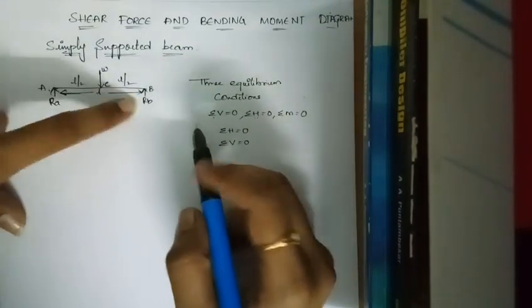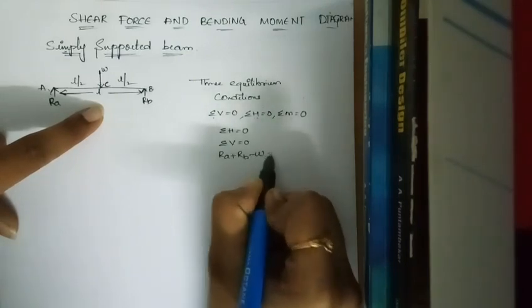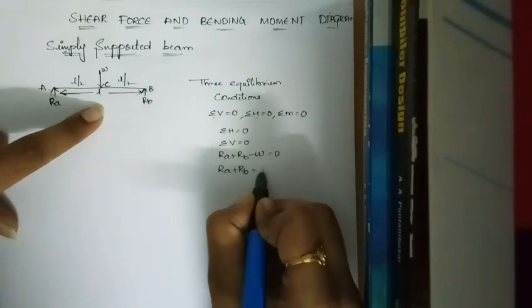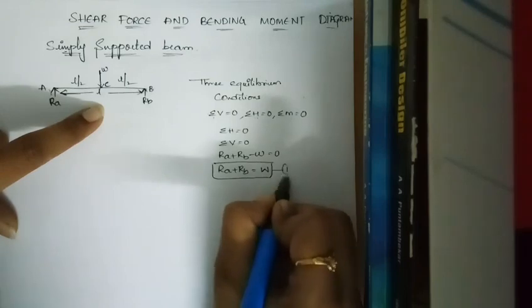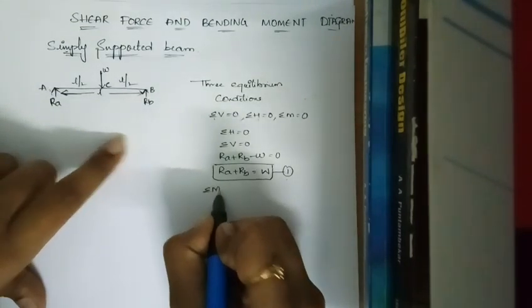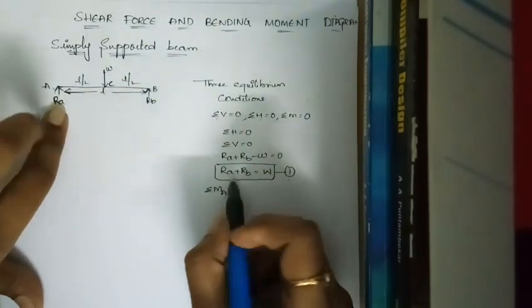Sum of all vertical forces: RA plus RB minus W is equal to 0. RA plus RB is equal to W. Take it as equation number 1. Now take moment about A. Force into perpendicular distance.